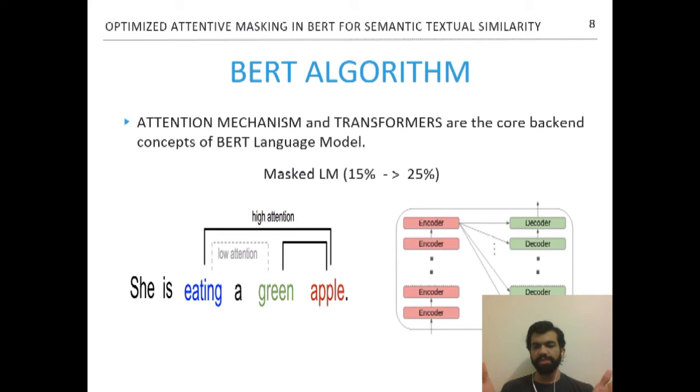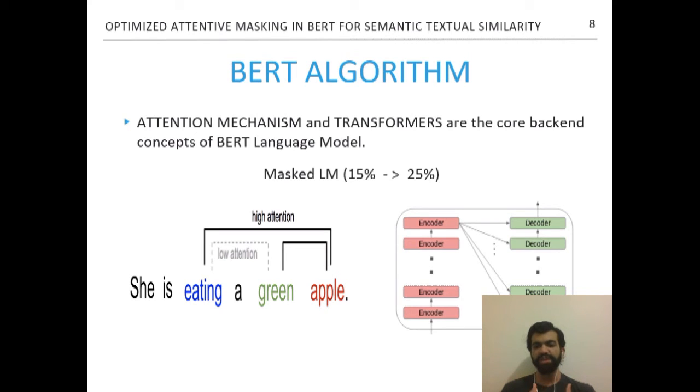So these two concepts are used by BERT, and they are built into the architecture of the overall BERT algorithm. Our research focus is to change the masking, the attention mechanism. In our proposed algorithm, we change the masked language modeling from 15% to 25%.